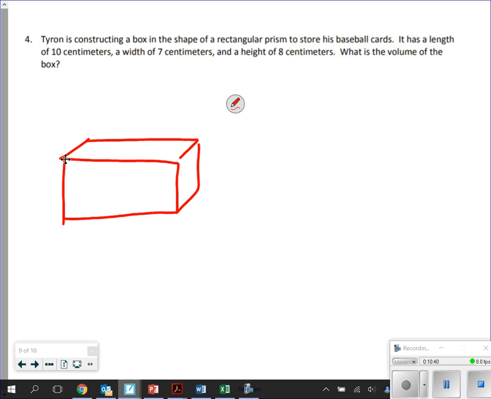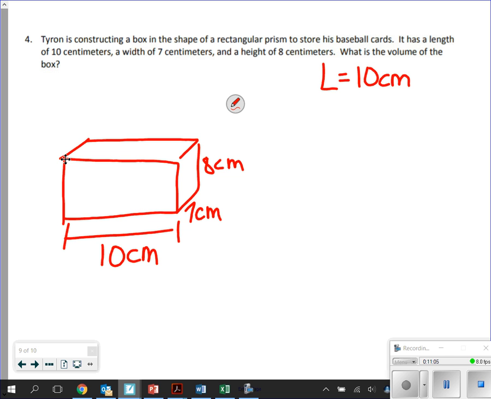It has a length of 10 centimeters, a width of 7 centimeters, and a height of 8 centimeters. It's not like you can't take the information and write it down: length, 10 centimeters.